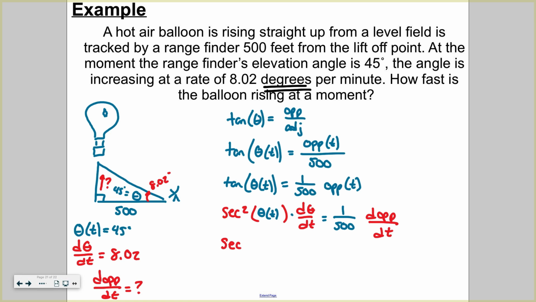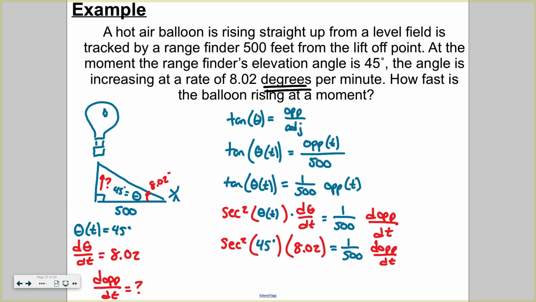So secant squared of 45 degrees times 8.02 is equal to 1 over 500 times the derivative of the opposite side with respect to t.